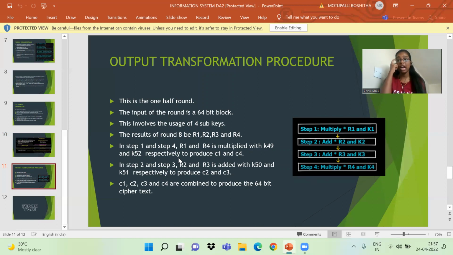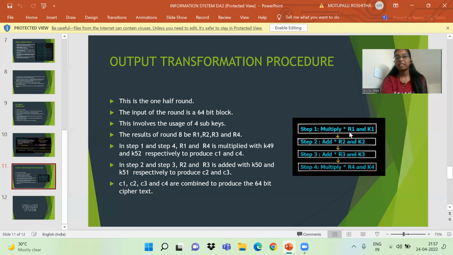Since we initially had P1, P2, P3, and P4, the output will be in the form of C1, C2, C3, and C4. In step 2 and step 3, R2 and R3 are added with the K50 and K51 keys respectively in order to produce C2 and C3.